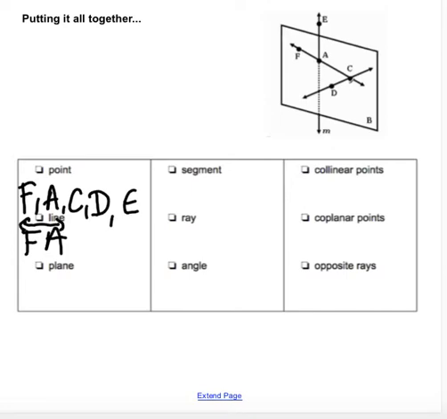Then my next line has points C and B, so I'm going to call that line CB. You could also call it line BC, that is totally fine. And then the last one, the vertical one, goes through points E and A. You can call it line EA, line AE. Notice this lowercase italicized, I'm going to call it line n.